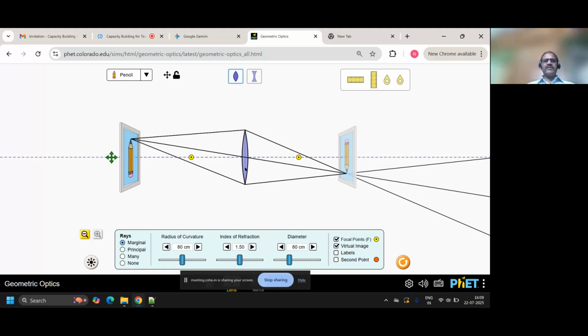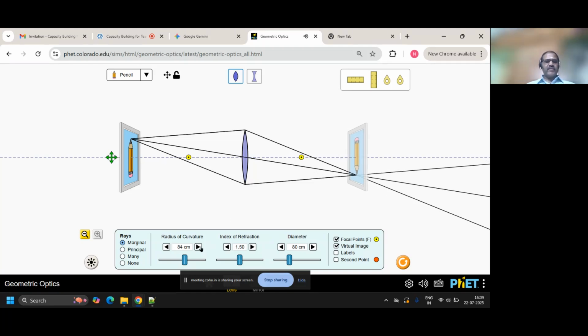Let us take the bi-convex lens as the first experiment today. This is the lens. The lens will have a radius of curvature because, if you look at this, this is an arc, part of a circle. So I can increase the radius of the circle. It is called the radius of curvature because one side of the lens forms a part of a circle, or a part of a globe.